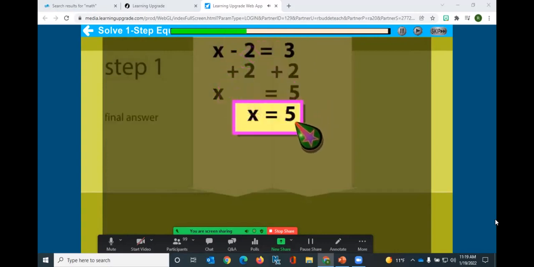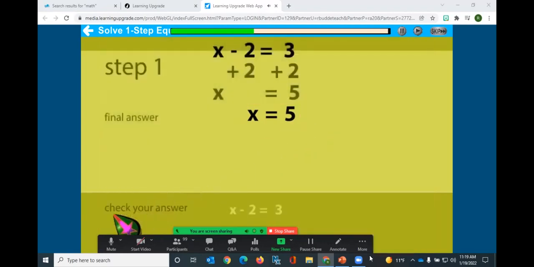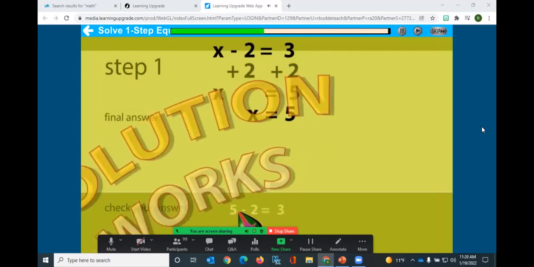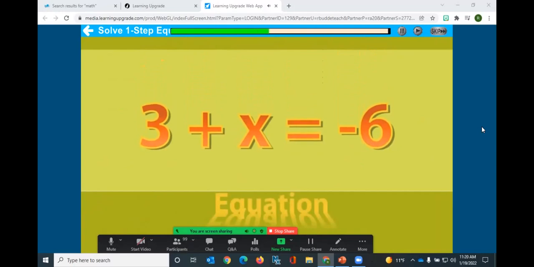So the answer is x equals 5. We can check this answer. Substitute 5 into the original equation. 5 minus 2 equals 3. It works!